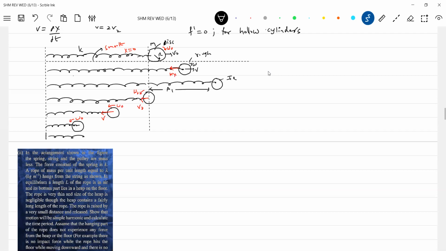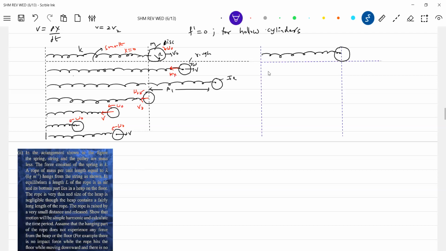Then again, when it returns back, here you look, it will arrive here with velocity V naught. So will it be SHM?